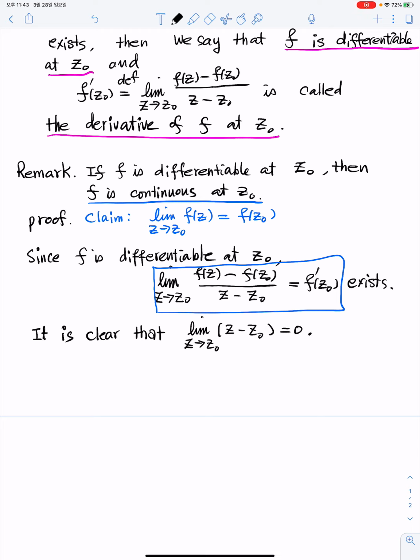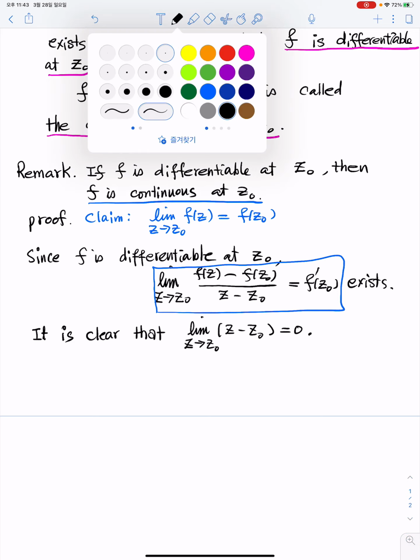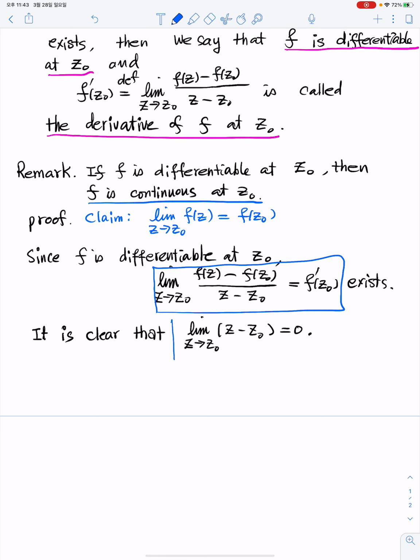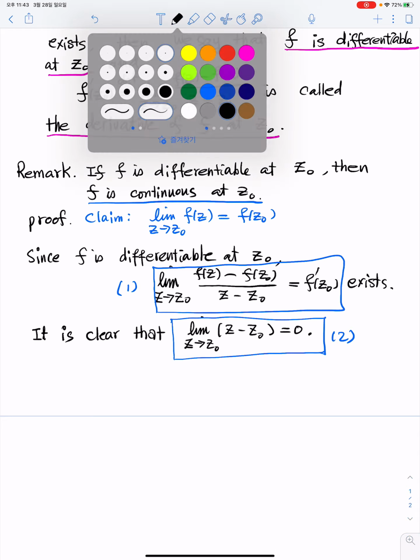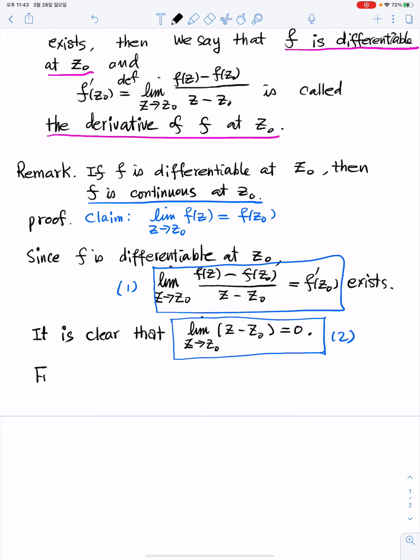This is obvious, very important, easy thing. And then using these two properties, so I'm using this fact, this one, and that one. So this is my equation 1, this is my equation 2. So from 1 and 2, so we have what?